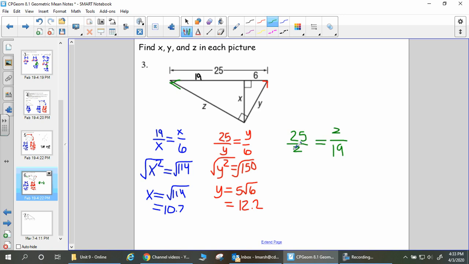Let me do this maybe for Z's so that they don't look so much like 2's on here. So I'll kind of put the line in the middle. That means that my Z squared is equal to 25 times 19, which is 475.